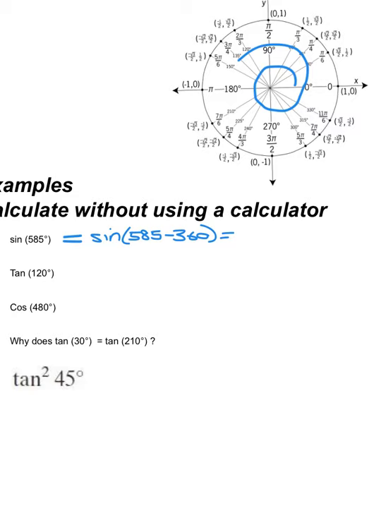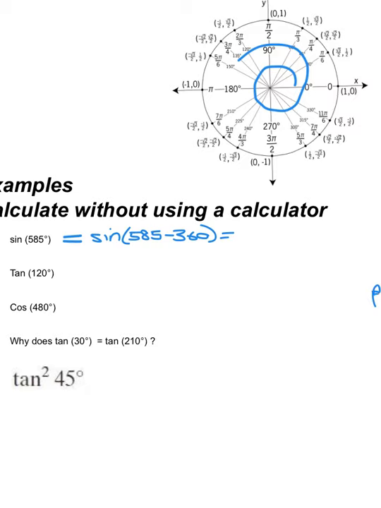If we look at that then, we go 585, and we take 360, what we're going to get is 225.